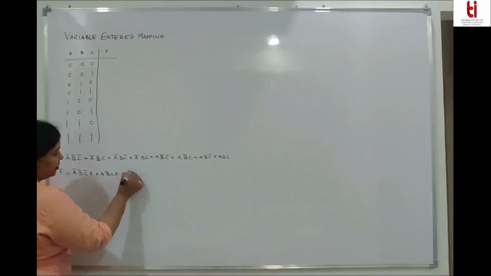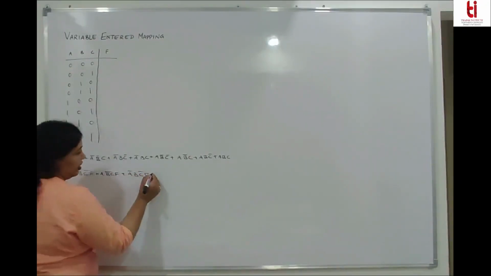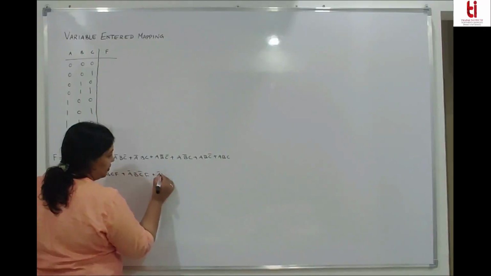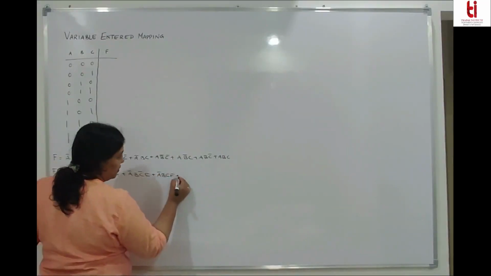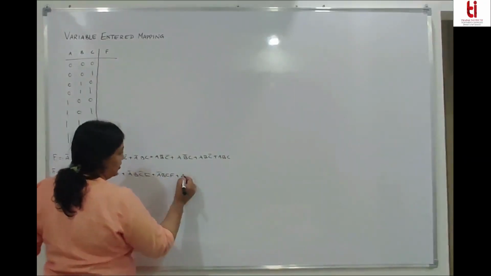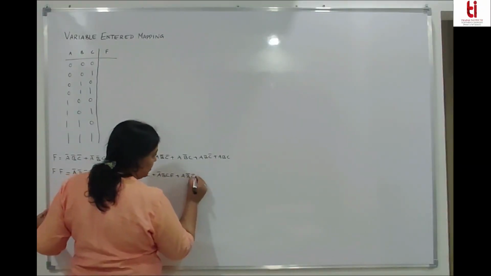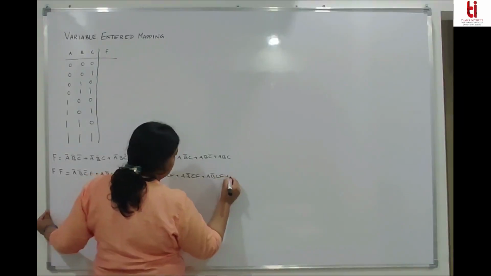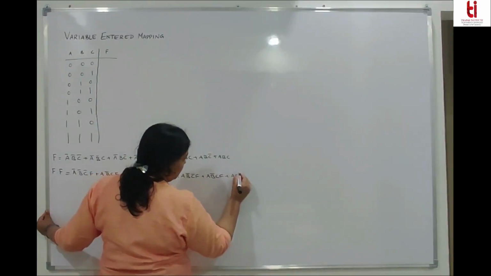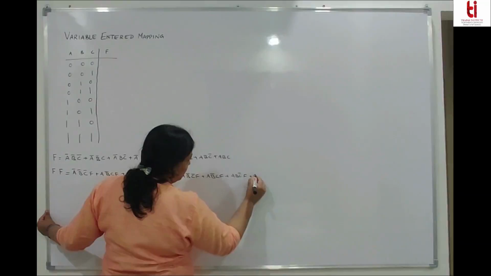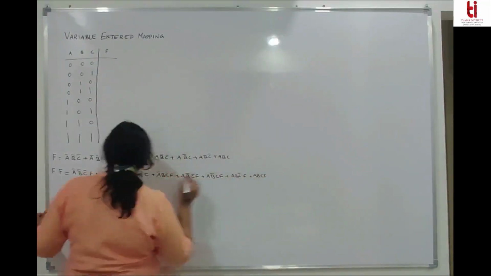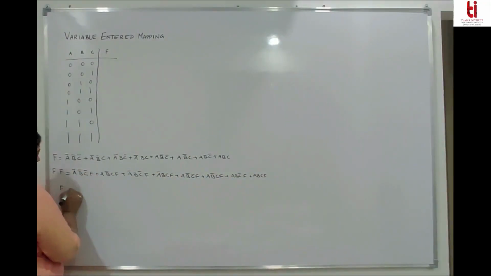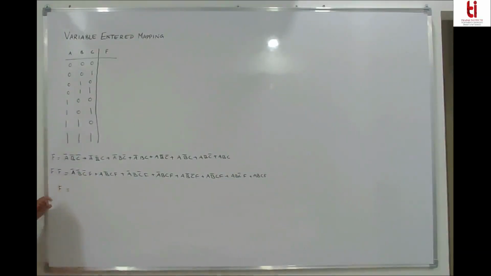All the min terms, they will be ANDed with f. And you know that f into f is equal to f. So this is written by this.